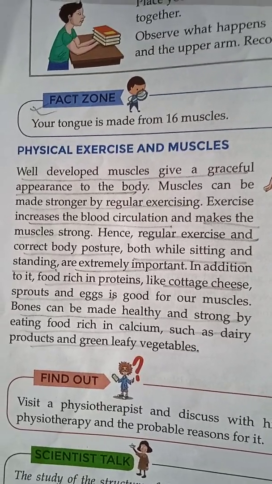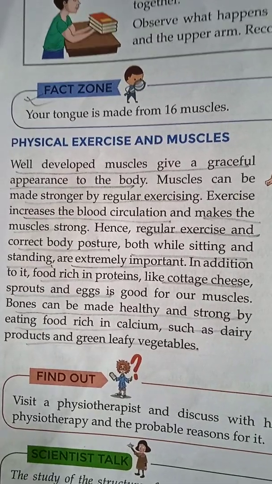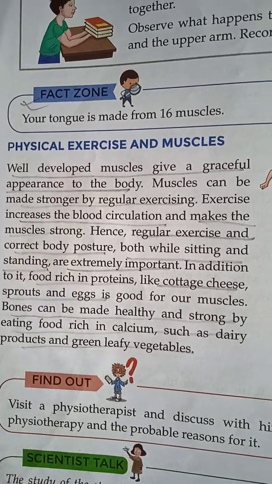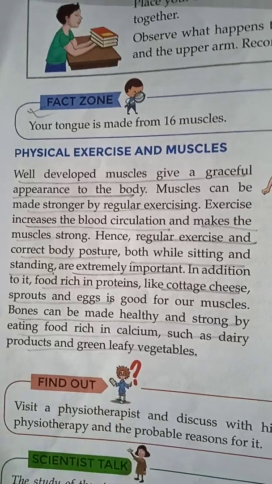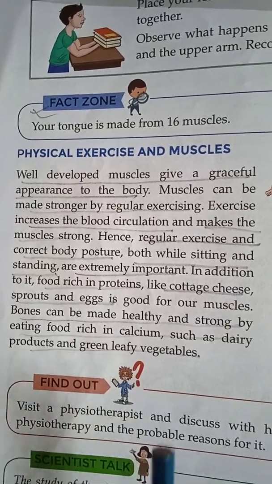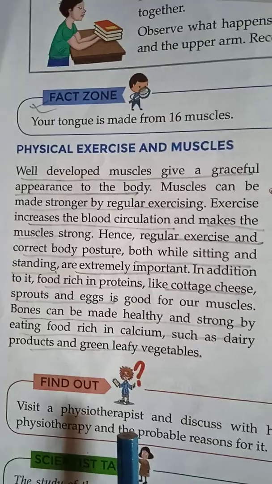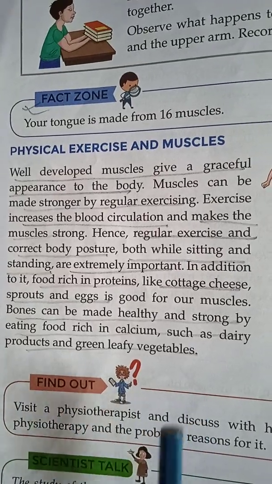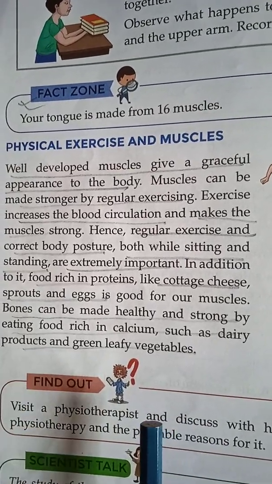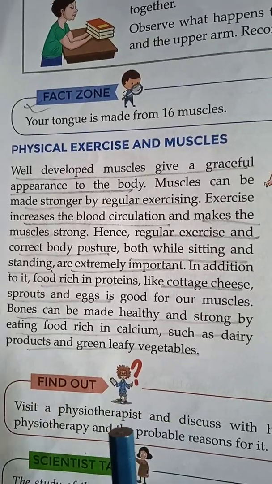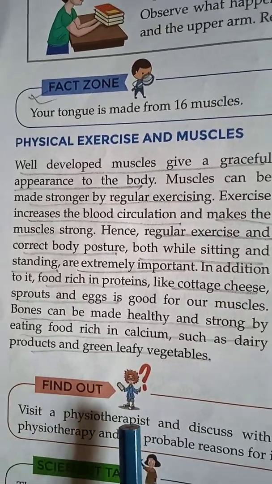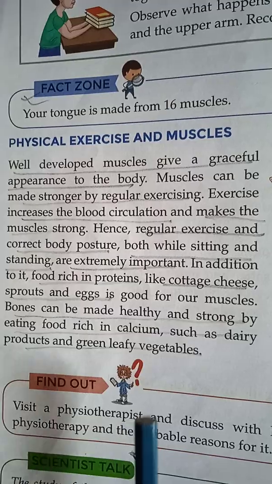Plus you should take a very nice, balanced diet, you should include fruits, vegetables, milk products, eggs, sprouts. We should try to have a calcium-rich diet so that our bones can also be healthy. For keeping our bones healthy we should take food that is rich in calcium.